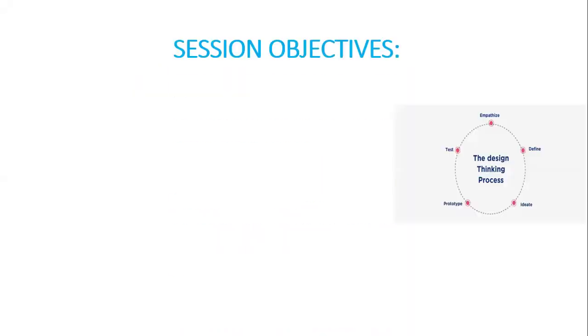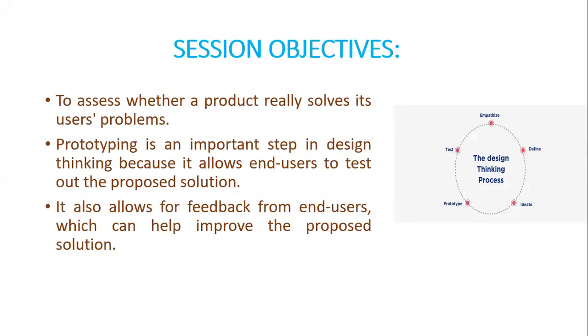Now we shall move on to the session objectives. The purpose of prototyping is to test whether the product can really solve the various customers' problems in real time or not. Prototyping is one of the most important crucial steps in the design thinking process. It allows the end user to find out the proposed solution from the given model.